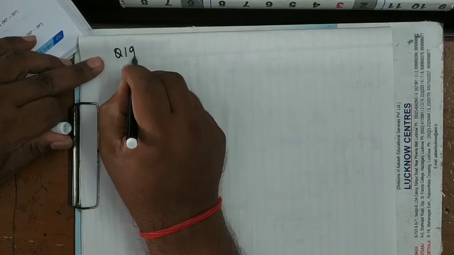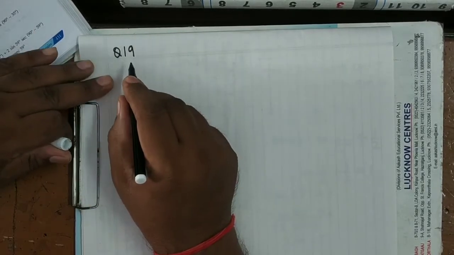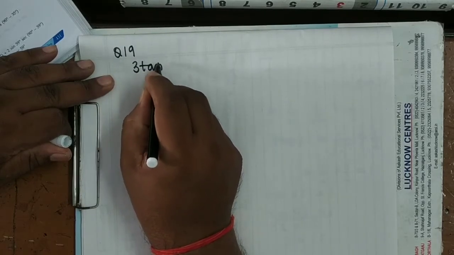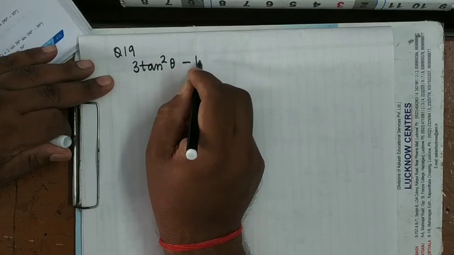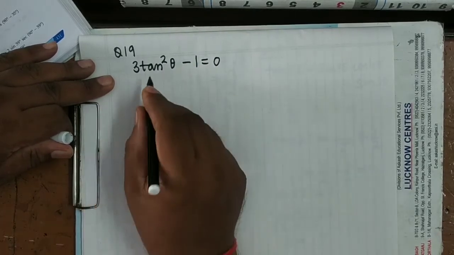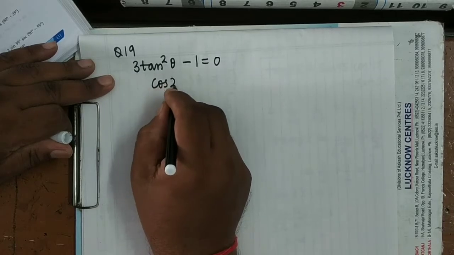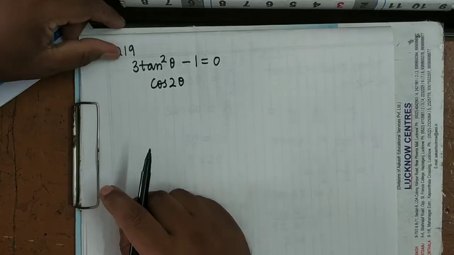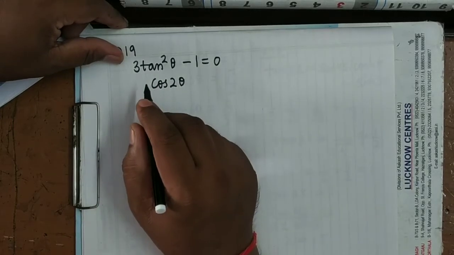Question number 19. It is given 3 tan square theta minus 1 equals 0. You have to find cos 2 theta. So directly you cannot get the value of cos 2 theta. First you have to determine theta.